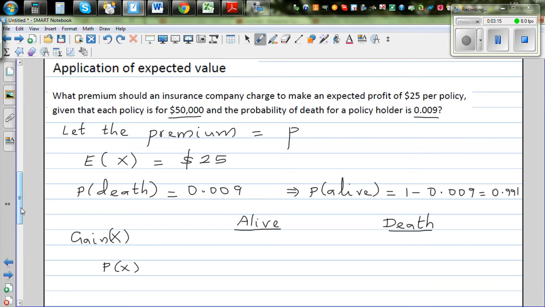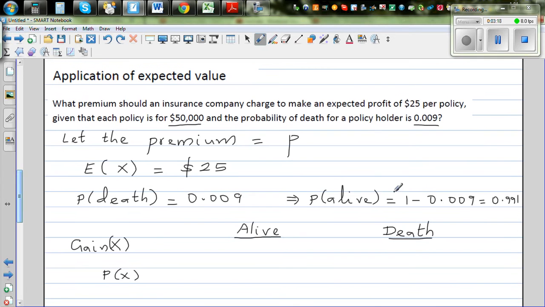Now, if the policyholder is alive, the gain that the insurance company has would be the premium P, and the respective probability of that happening is 0.991. The other scenario is where the gain would be P minus 50,000, because if the person dies, the insurance company has to pay the 50,000.